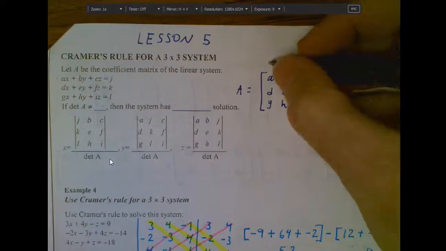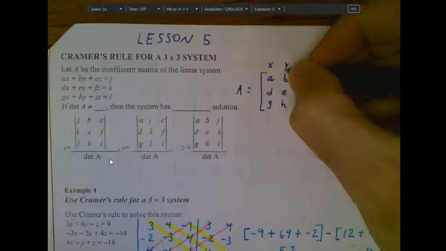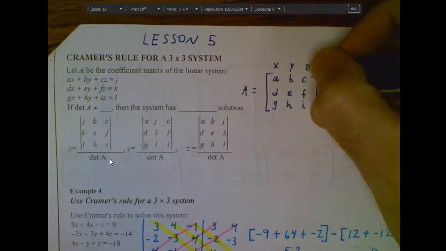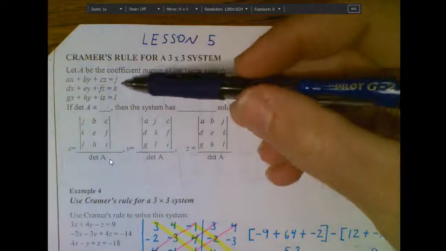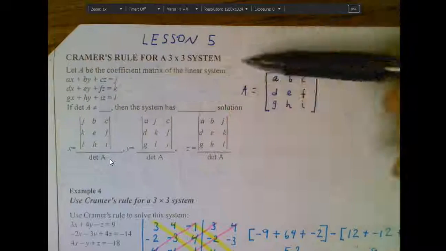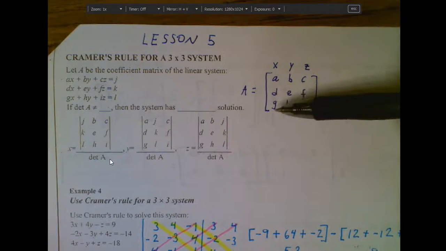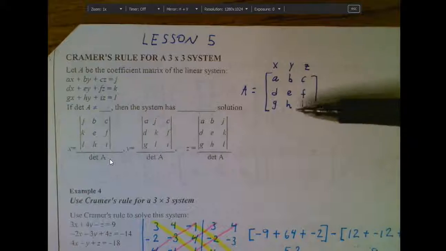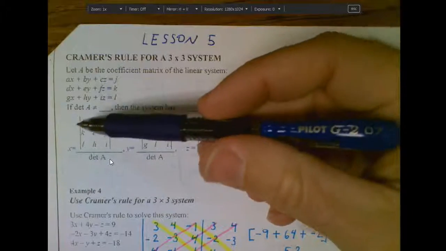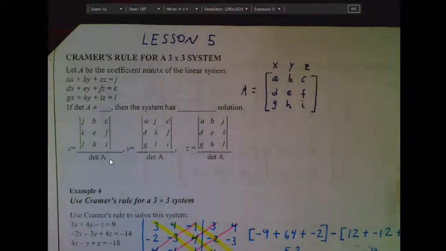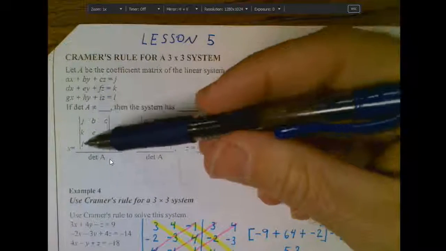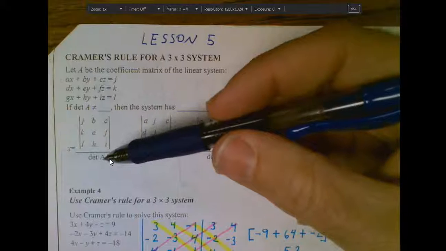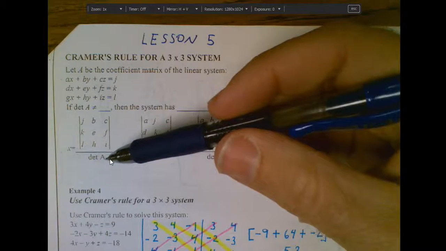So remember, this is my x column, my y column, and my z column that you're seeing in that setup. Again, if I'm solving for x, I'm going to take those three numbers, put them into my x column, and leave the other two alone. And that's what you're seeing right here in that setup. And then if I wanted to solve for x, I take the determinant of this, divide it by this, and I get my answer for x.